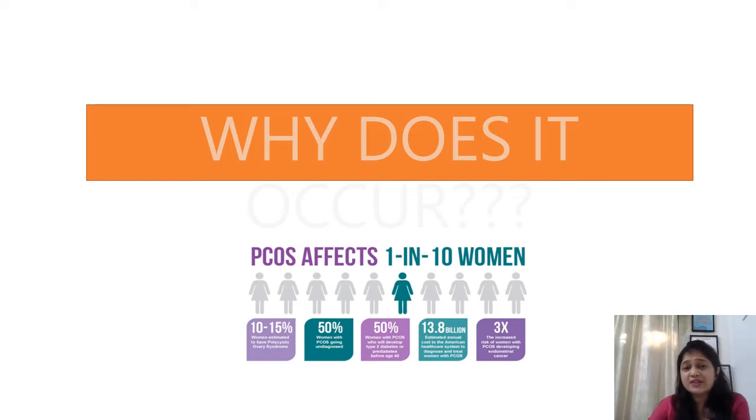So stress tends to increase your cortisol levels. Now, once your cortisol levels increase, your insulin starts rising in the body. Insulin resistance increases. Thus, you become prone to production of your peripheral fat increases. That is why you have the androgens which increase, and then you're prone to developing PCOS.